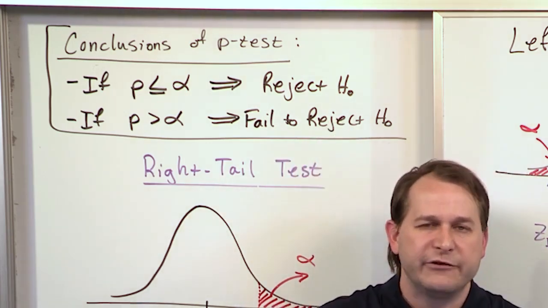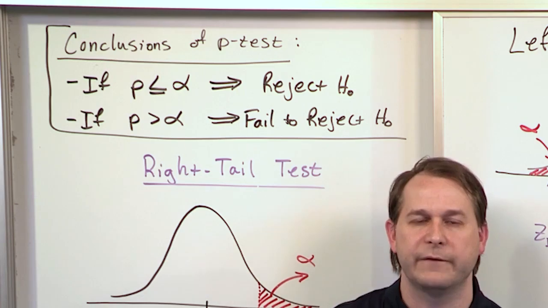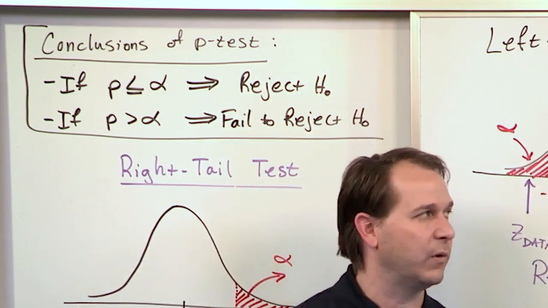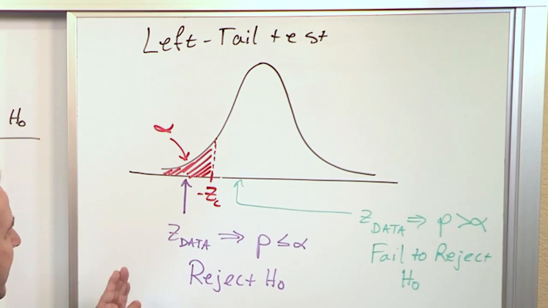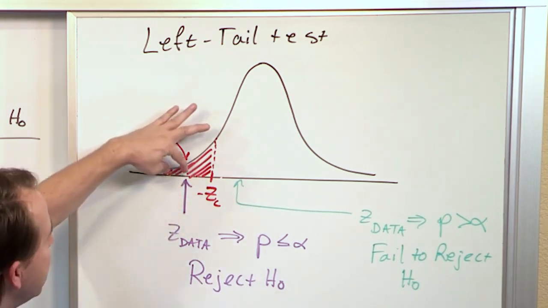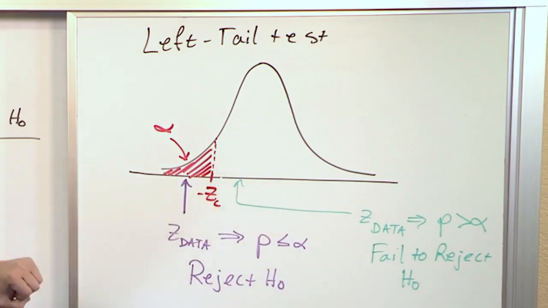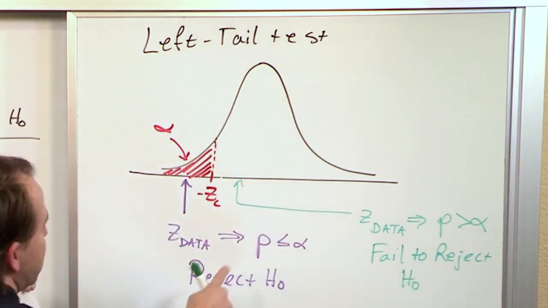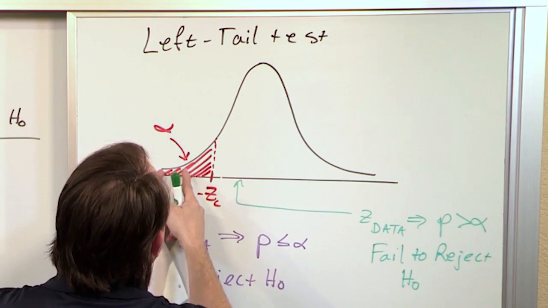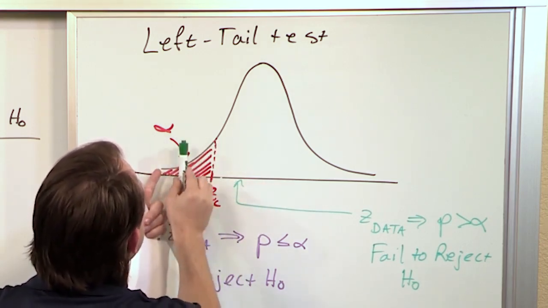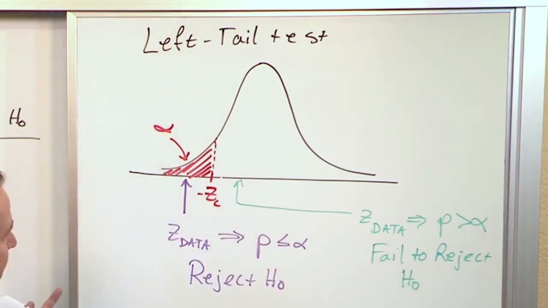But you're going to eventually get stuck on a test. You're going to confuse yourself if you don't know what a p-value is doing. It is exactly the same as what we've been doing before. You need to start thinking about the p-value representing a little slice of area compared to the area of the level of significance. So if your p-value is smaller than the area of your level of significance, that means your data must be falling in the rejection region, so you reject the null hypothesis.